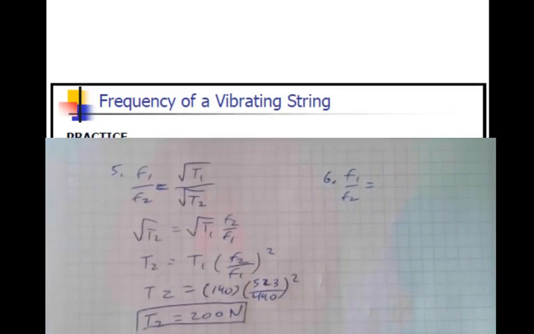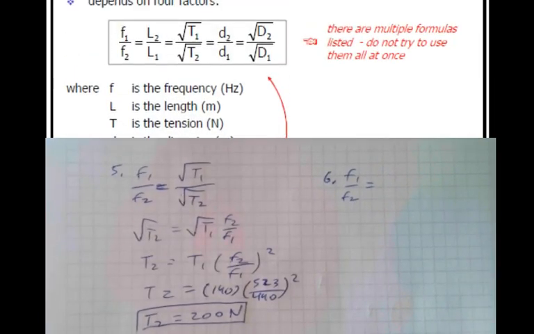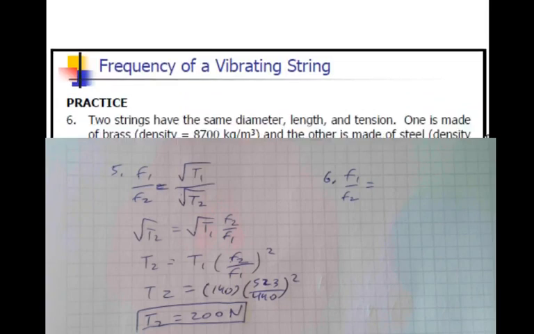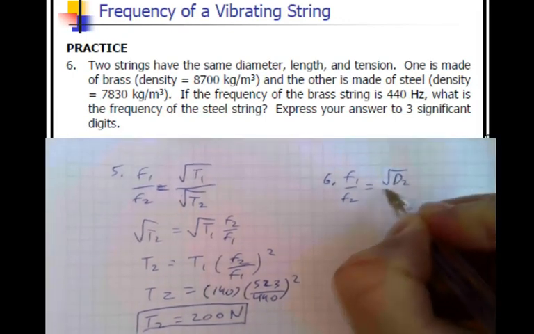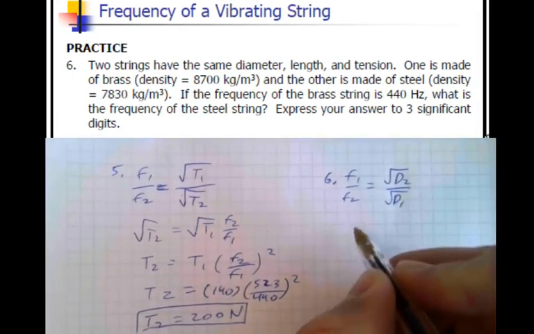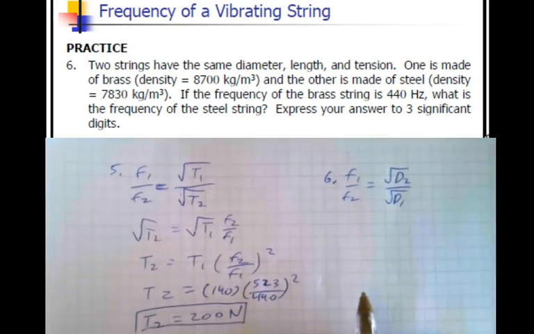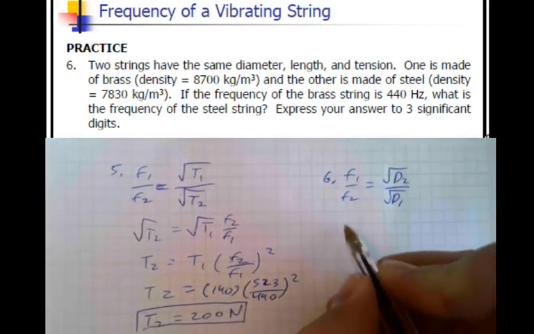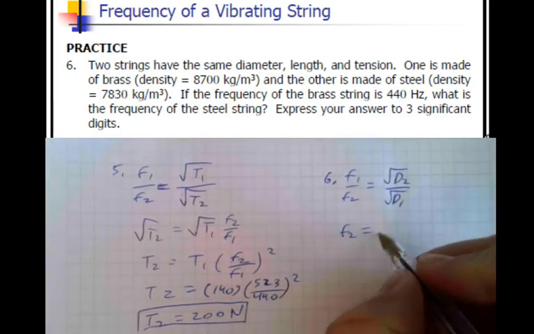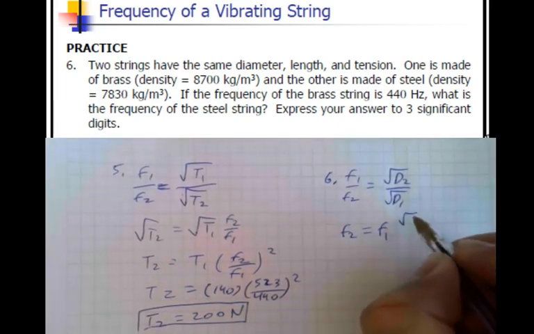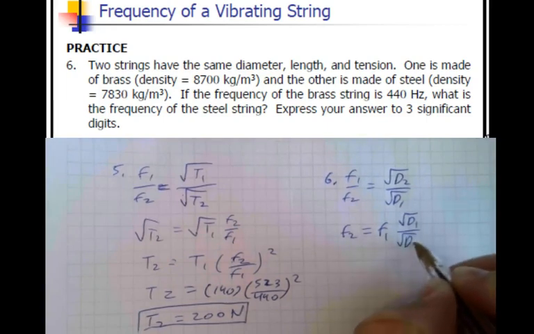If we go back up to our multi-equation here, it's the square root of D2 over the square root of D1. I need to solve for frequency 2 in this case. So F2 equals F1 times the square root of D1 over the square root of D2.